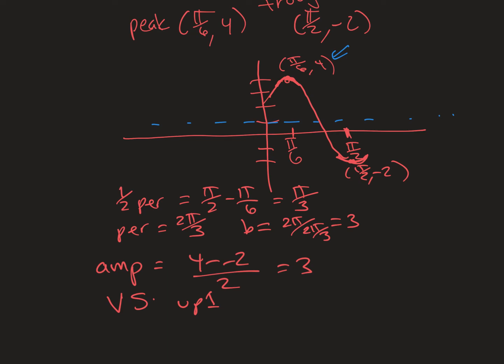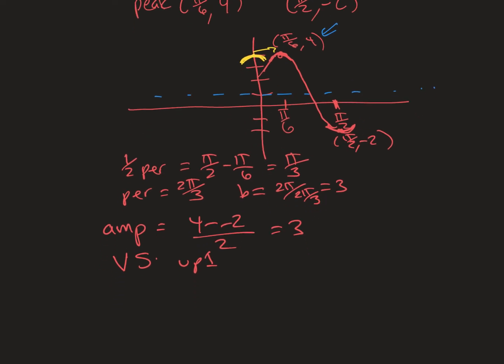So remember, without a phase shift and just the period change, the cosine graph would start here. So it means the phase shift is going to be pi over 6. So let's write y equals 3 cosine, the b value we said was 3, x minus pi over 6.